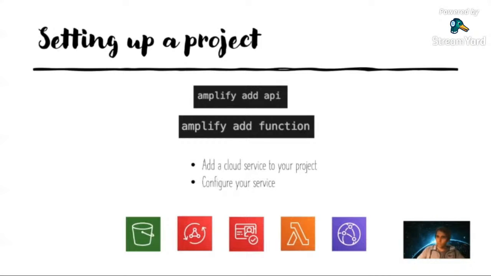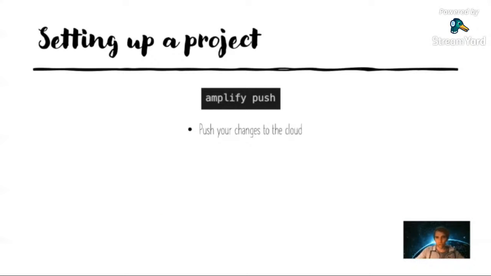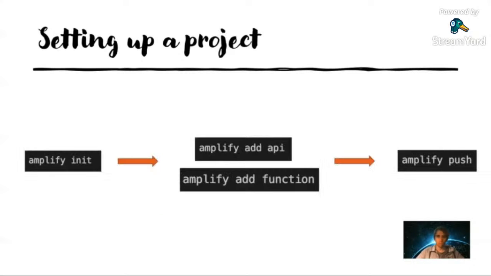Once you have initialized your environment, you can add categories to this. You can add an API to it. You can add Lambda functions. You can add authorization. And then you push your changes towards the cloud. So it is: initialize your project, add some categories, and push the changes towards the cloud, which will deploy the cloud services for you.